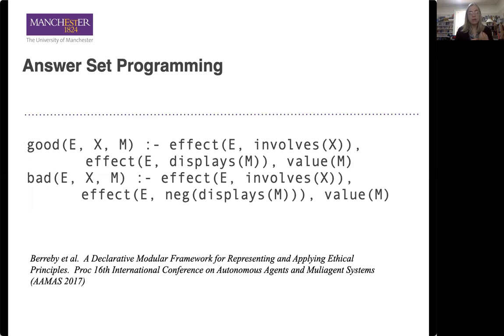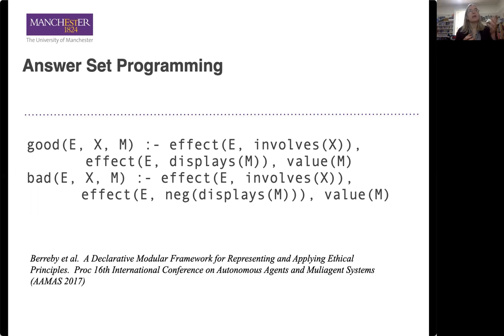Again, this makes use of the fact that you've already got all this powerful reasoning in the answer set programming language. What you want to do is express your ethics in a way that the answer set programming language can deal with. For instance, this is an example from a paper by Fiona Berreby. At the moment, this isn't the full ethical reasoning. It's just trying to decide whether some action E, which is trying to achieve X, is good with respect to some value M. So this is a kind of virtue-ethics-ish system.